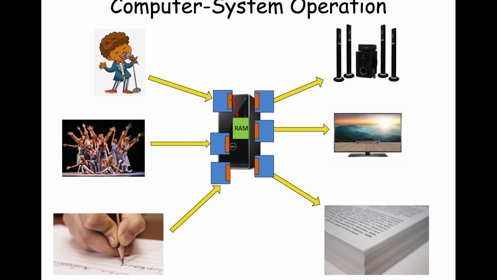So then the CPU decides it's going to play that sound that someone has input through the microphone. What does it do? It performs some computation, and then it sends this data along with a control command to the I/O controller for the speaker system, and that speaker system then takes that data, which is the sound data, and plays it on the speakers themselves.